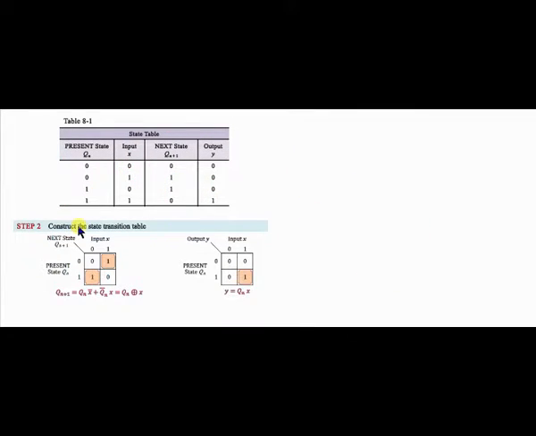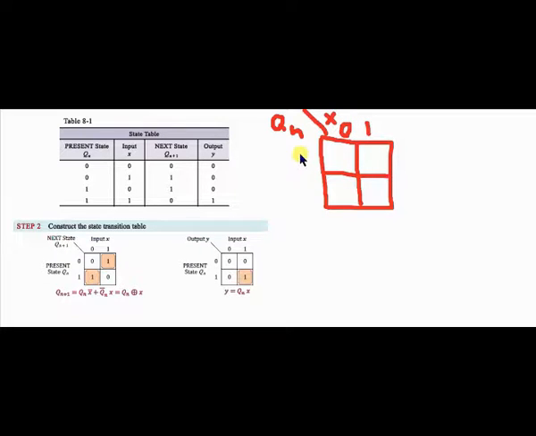Let's see how to construct the state transition table based on the K-map. Our input is 2 here. This is the next state Q and this is the input, 0 1 0 1.